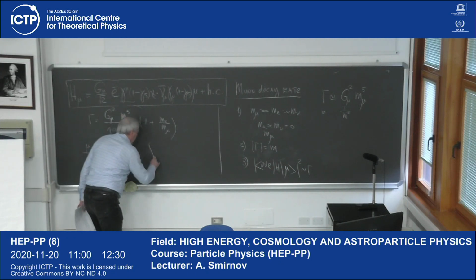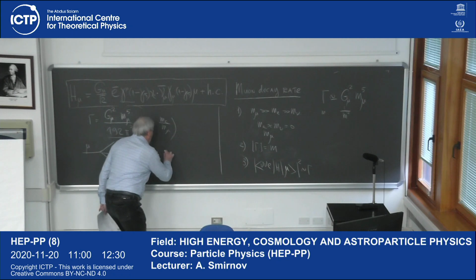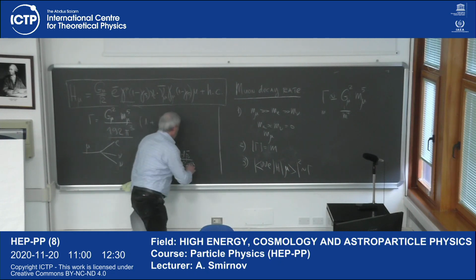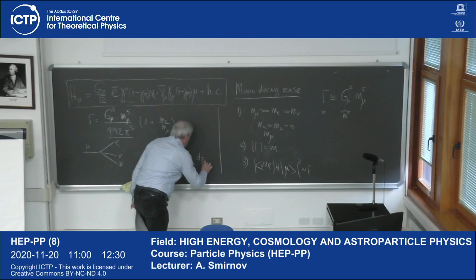This means that we have an integral like d^3p of the electron over 2 pi cubed, and the same d^3p of the neutrino over 2 pi cubed. This is what we call the phase volume, d^3p of the other neutrino over 2 pi cubed.